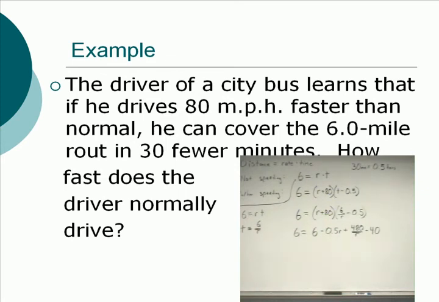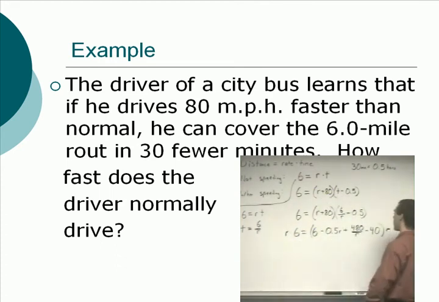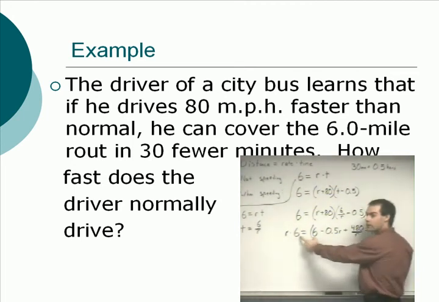Okay, now what do you want to do? It's a fractional equation. Technically, it's not a very tough fractional equation, but it is a fractional equation, so what do you got to do? Multiply everything by r. Clear your fractions. So we're going to multiply everything by r. Multiply the left side by r and the right side by r. You can combine the 6's right here too.